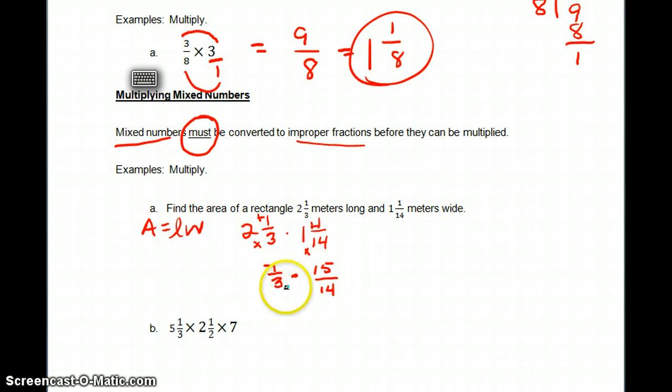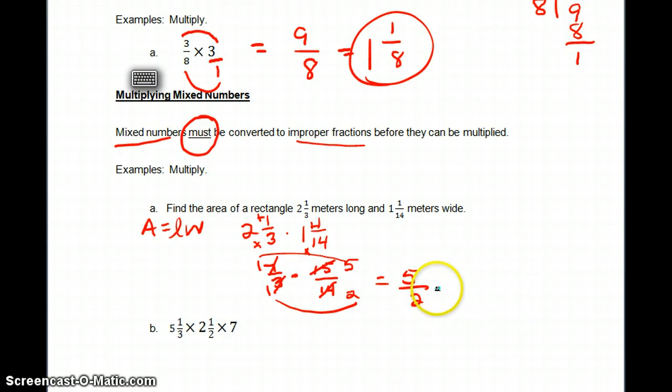Now remember, we want to see if we can cross cancel. So we're going to check on our diagonals. 3 and 15 will cross cancel quite nicely. 3 will go into both of them. So 3 divided by 3 is 1. 15 divided by 3 is 5. When we look on the next diagonal, we can cross cancel here as well with 7. 7 divided by 7 is 1. 14 divided by 7 is 2. Straight multiply now. 1 times 5 is 5. 1 times 2 is 2.